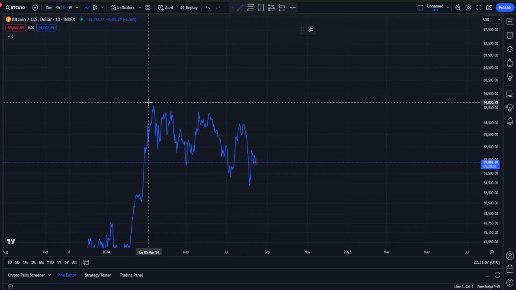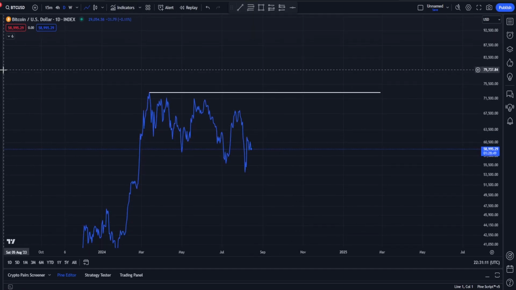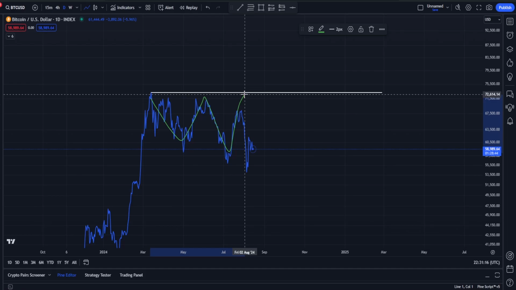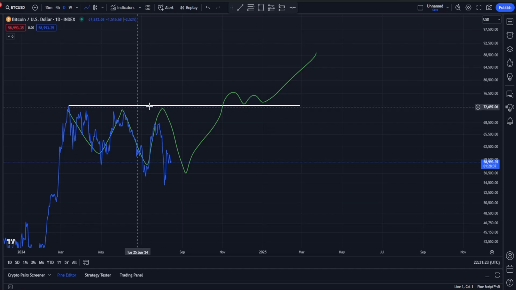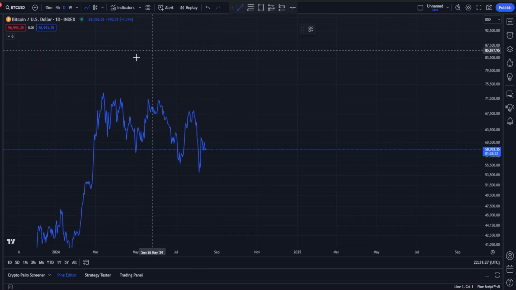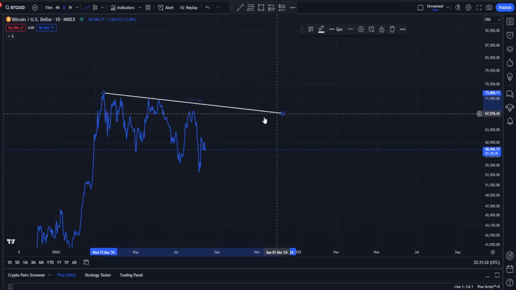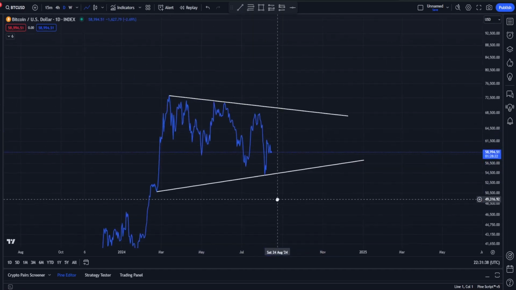Very unlikely that it would be a break above to a new all-time high, very unlikely that it would look like this off of basically a triple top, but it's more of a... I don't know what this pattern is, but yeah, I'm just drawing random lines here.